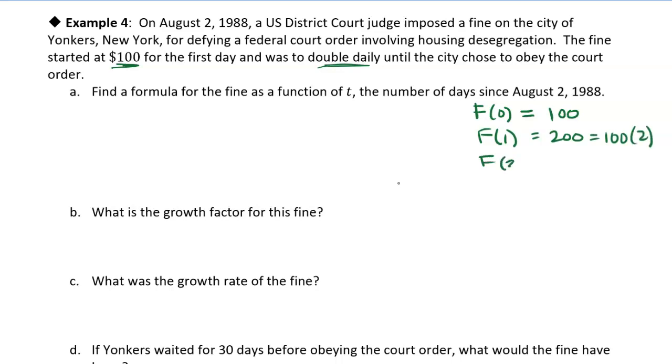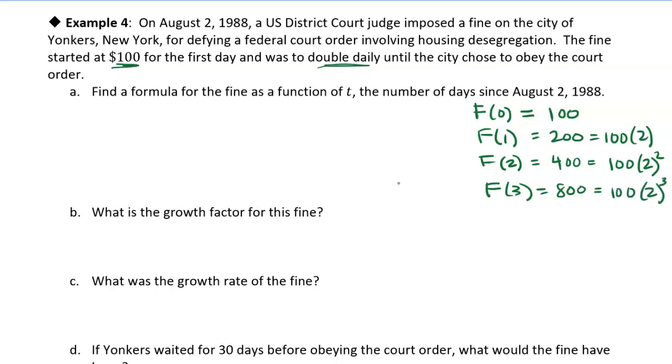And if they haven't obeyed, then on the second day we're going to be at 400. It's doubling, so that's the same as 100 times 2 squared, and so on. f of 3 would be $800, and that's 100 times 2 cubed.